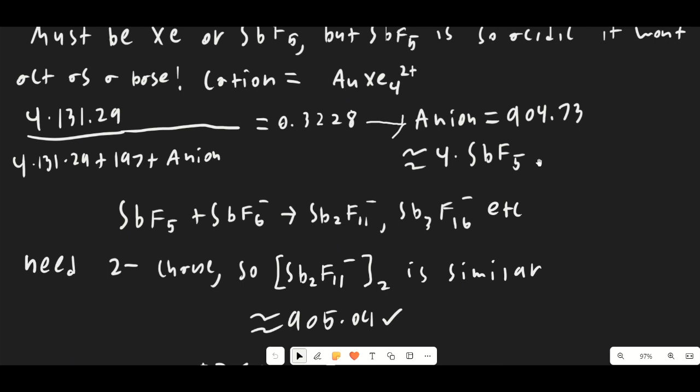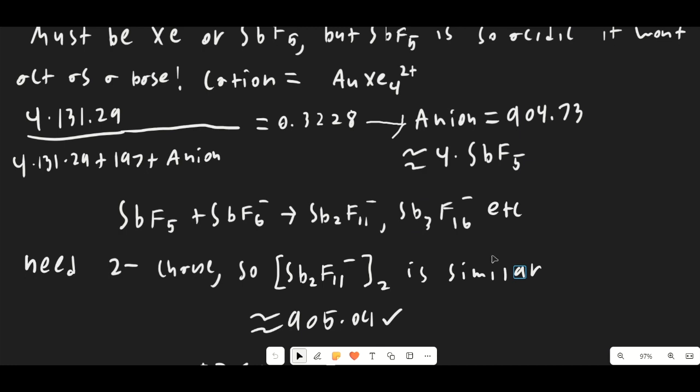And so this is where it comes in handy to know a little bit more about the superacid antimony pentafluoride, because in a fluoroantimonic acid, we get SbF5 combining with SbF6 minus to create these sort of linked chains of antimony pentafluoride. We get Sb2F11 minus, Sb3F16 minus, etc., etc. Since we have a 2 minus charge, you can sort of play around with the charges and the different anions.